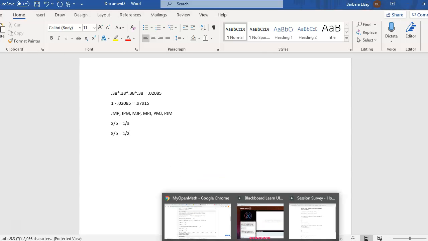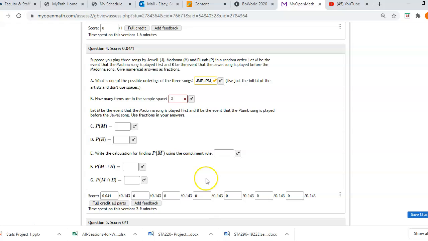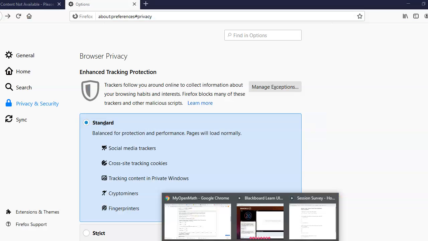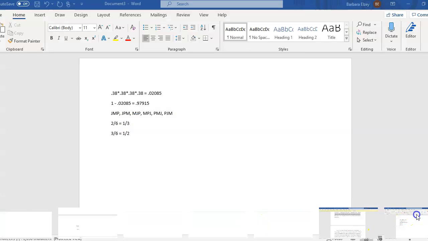All right, well, let's go back. So write the calculation for the probability of M complement. All right, so M complement, we got the probability of M in C. We want to write the calculation for the probability of M complement. Well, I assume that they just want you to show that we're going to subtract from 1 what we got from our previous problem.